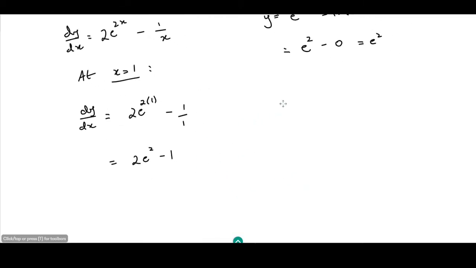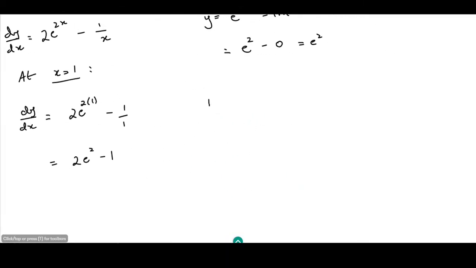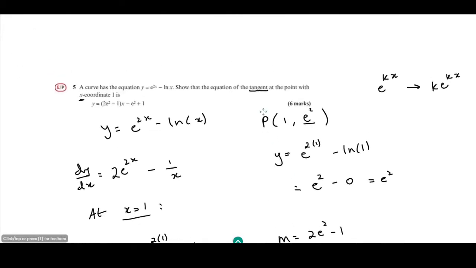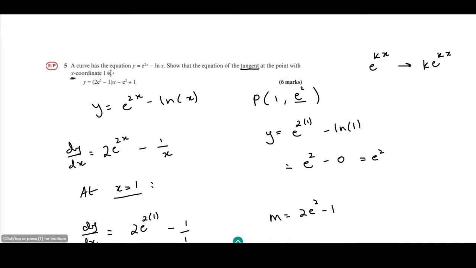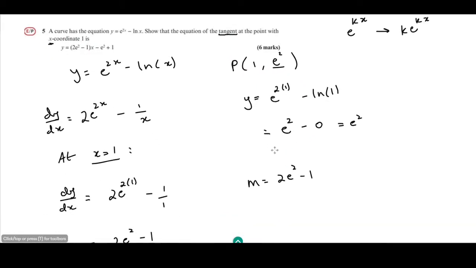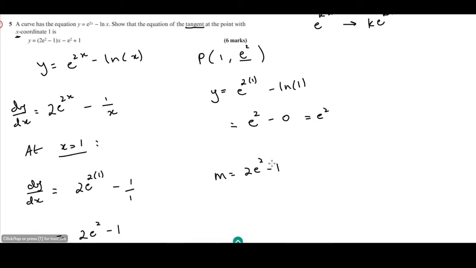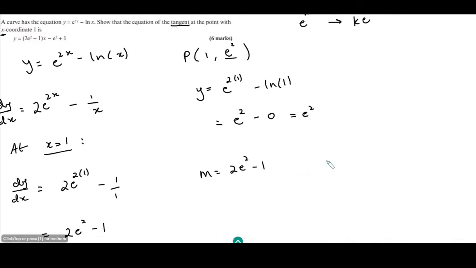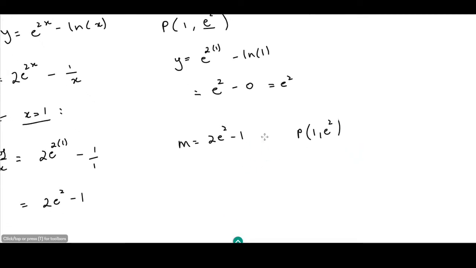Okay, and now we have a gradient, so m equals 2e squared minus 1. We have a gradient of the curve at the point where the x coordinate is 1. And we know that the gradient of the tangent must be the same as the gradient of the curve at this point. Okay, so we have m equals 2e squared minus 1, and we have a point, let's call it P, 1 and e squared.